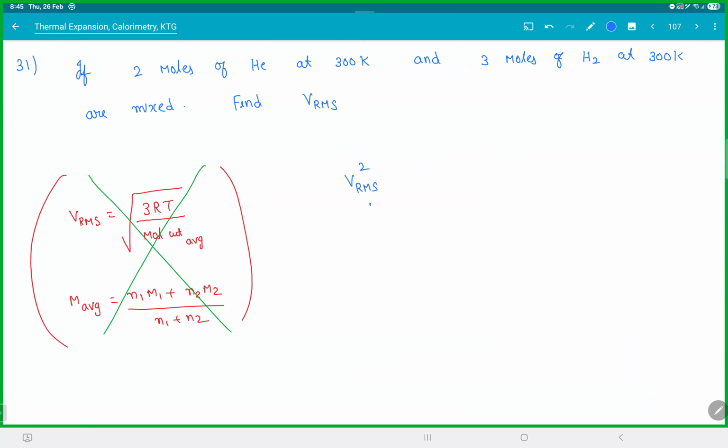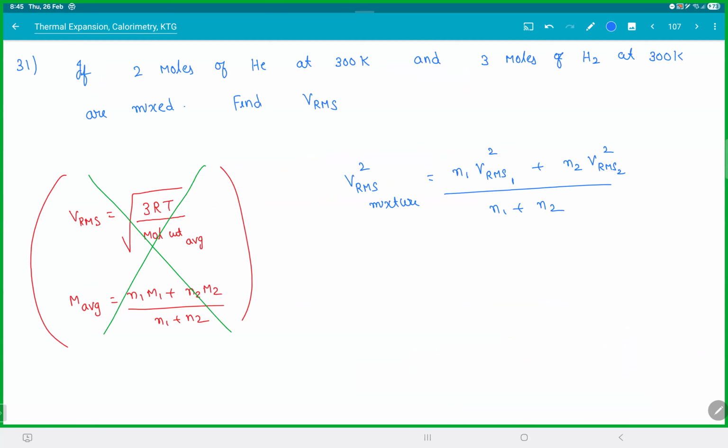VRMS square for a mixture will be number of moles N1 into VRMS square of gas 1 plus N2 VRMS square of gas 2, by N1 plus N2. Clear with this?